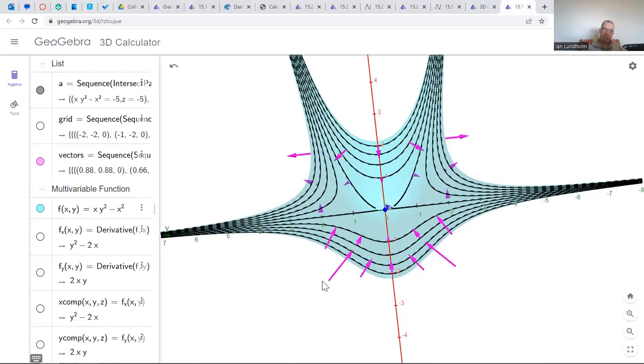But this is a gradient field, and gradient fields have some cool properties. One is that all of these gradient vectors, like we expect, are perpendicular to the level curves.